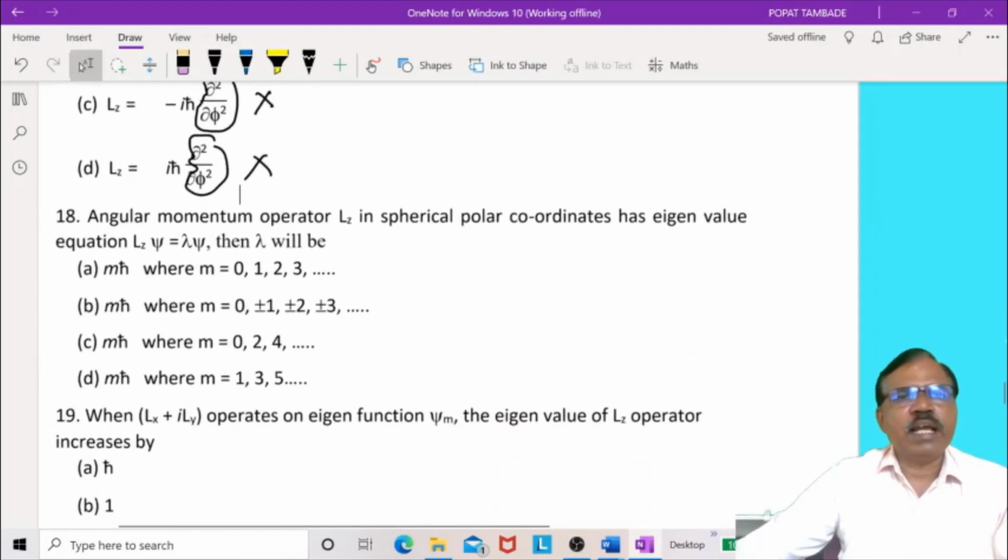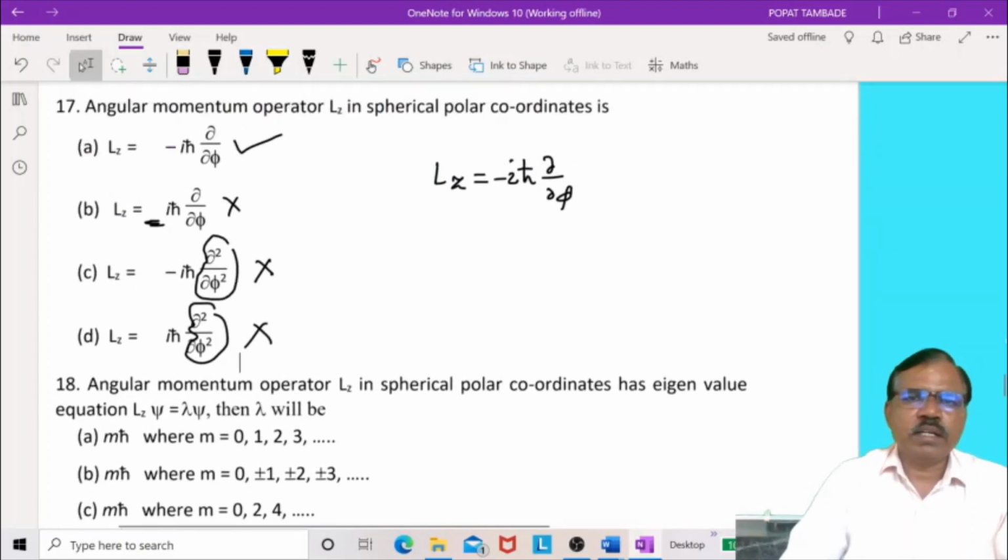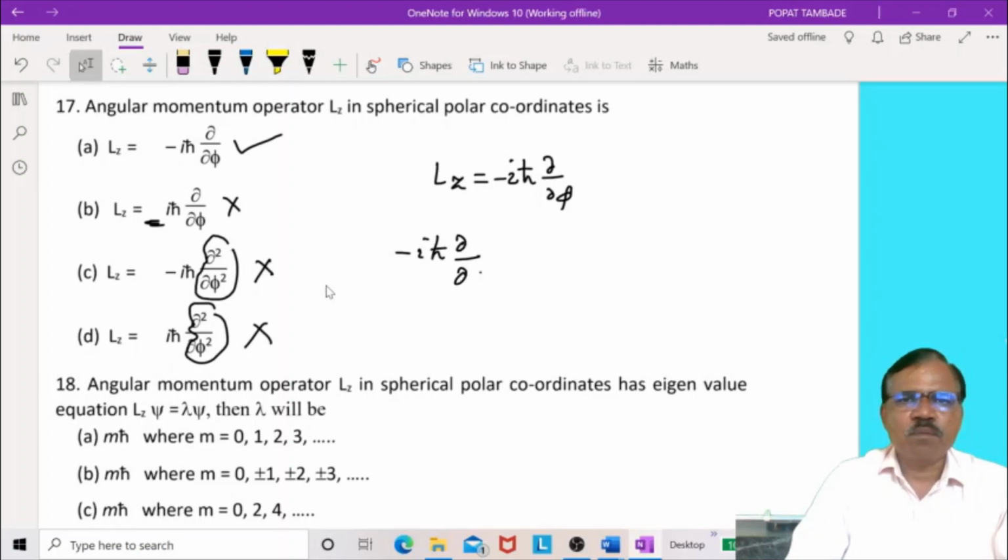Now next one, the angular momentum operator Lz in spherical polar coordinates has the eigenvalue equation Lz psi is equal to lambda psi, then lambda will be. So here the Lz operator we know is minus iħ ∂/∂φ operating on psi, equal to lambda psi. So if we solve this, we get psi of phi is equal to A e raised to i lambda upon ħ phi.